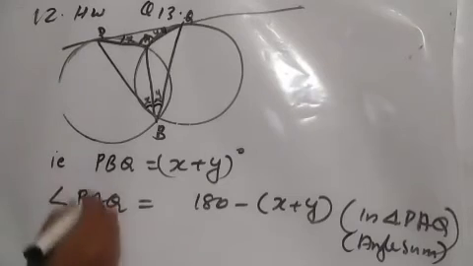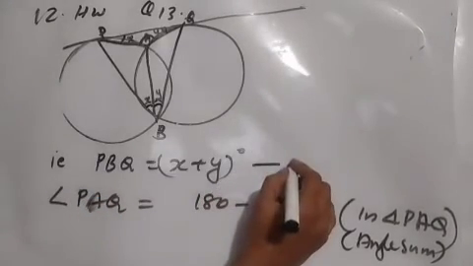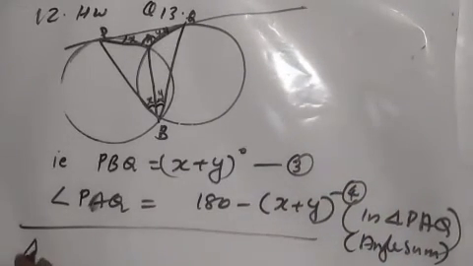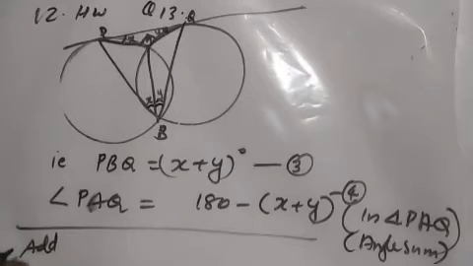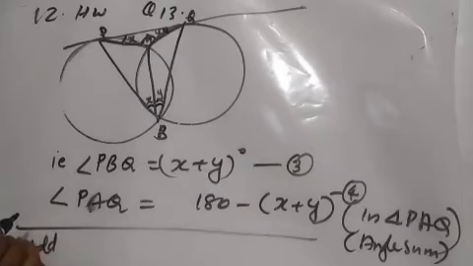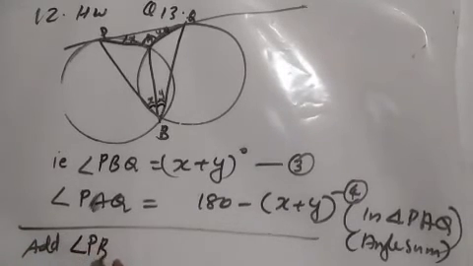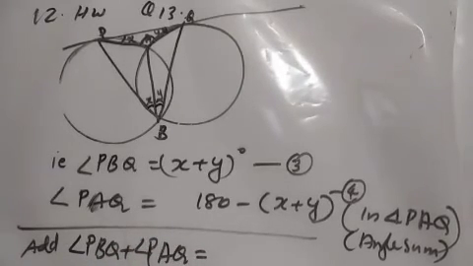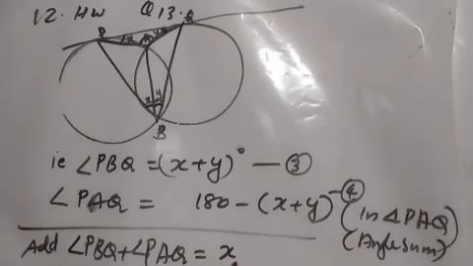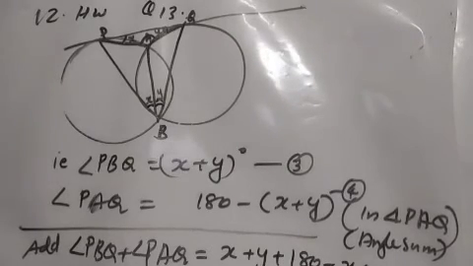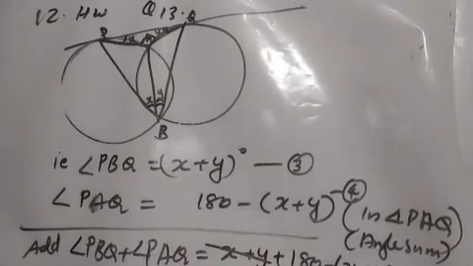So let us add these two angles. These are equations number 3 and 4. Add. That's our question. The angles PBQ and PAQ must be supplementary. Supplementary means the sum of the angles must be 180 degrees. So let us add angle PBQ plus angle PAQ. What is that? Yes. (x plus y) plus 180 minus (x plus y). Cancel this x plus y.